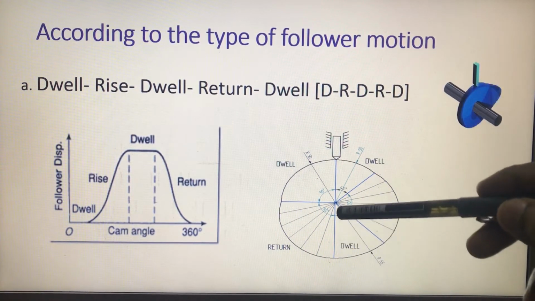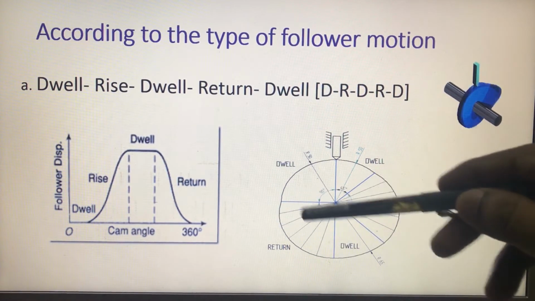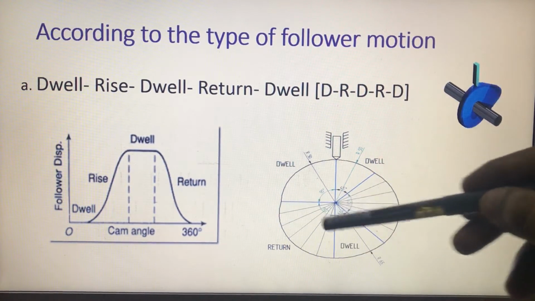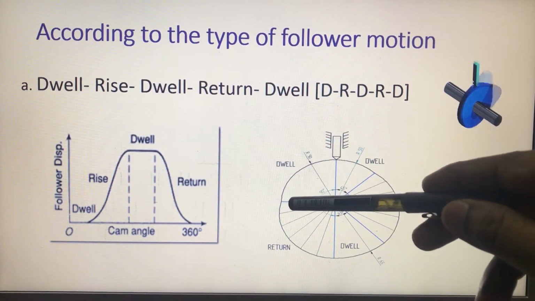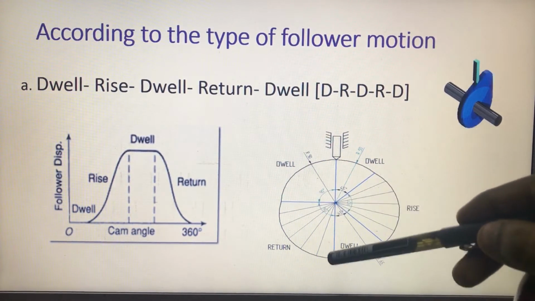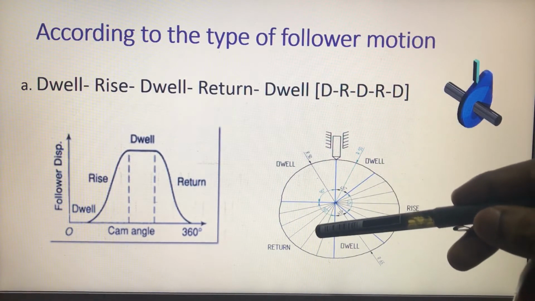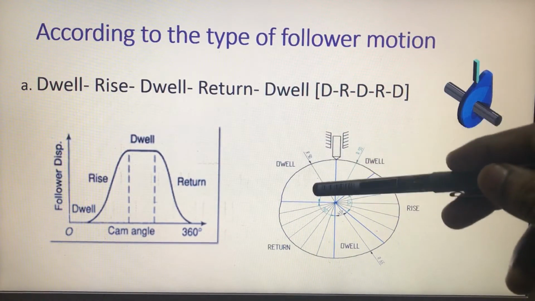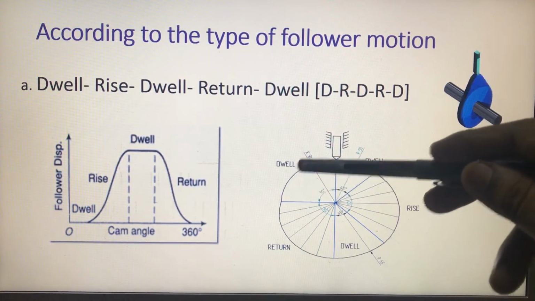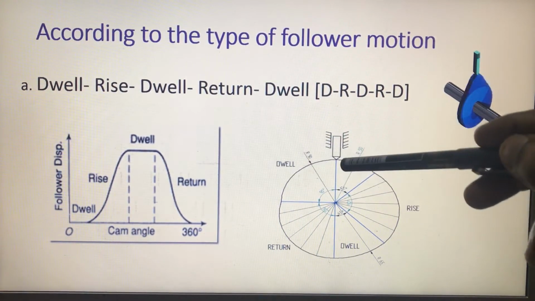So this 45 degree is the dwell region. Again it will return for the next 90 degree, that is 65 mm to 50 mm, a 15 mm reduction in the displacement. Next, for the next 90 degree, it is dwell, meaning 50 mm only, constant radius.